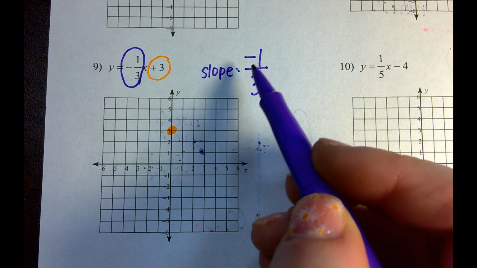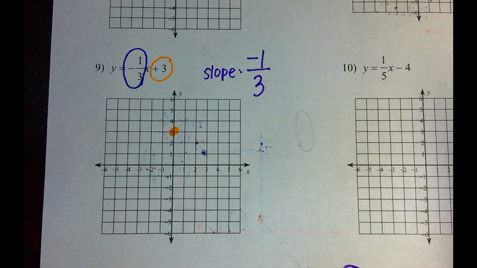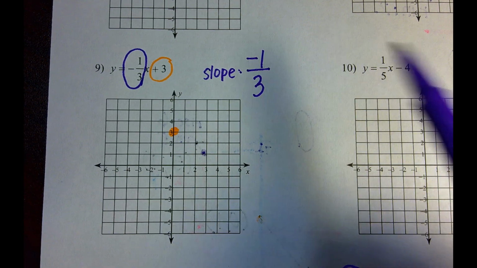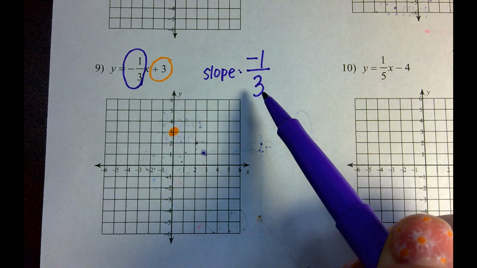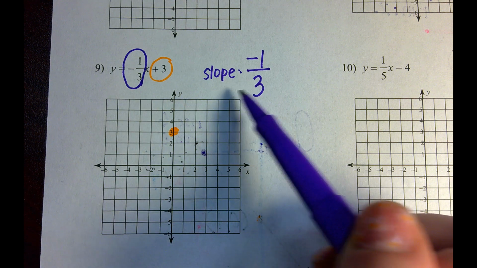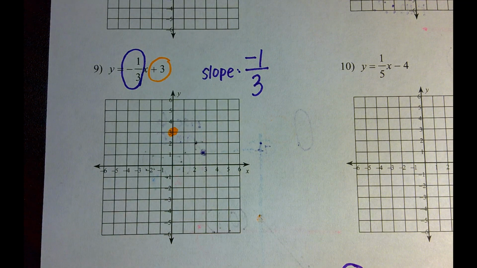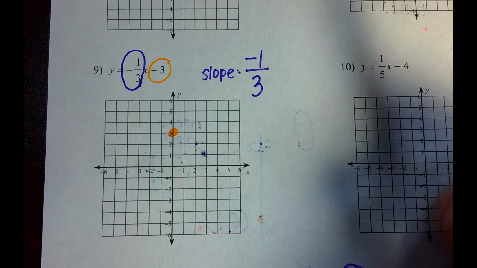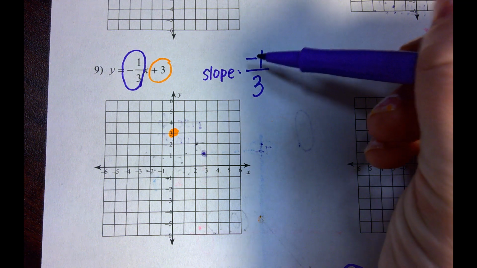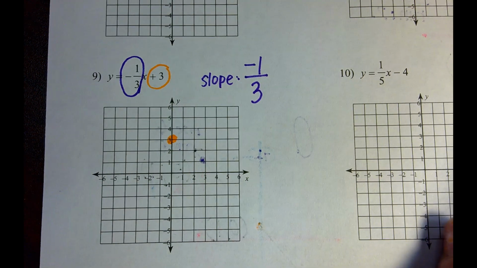We only put a negative on 1, not on the 3, because a fraction is just another way to write a division problem. So really, it's negative 1 divided by 3. If I put negative signs on both of these numbers, if you divide a negative by another negative, it turns into a positive. They would cancel out. So to keep this a negative slope, we only put the negative sign on that top number. Okay? Does that make sense, you guys?